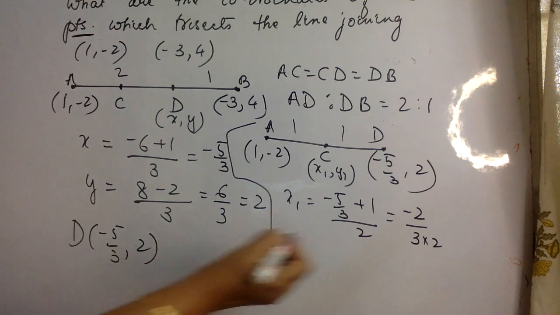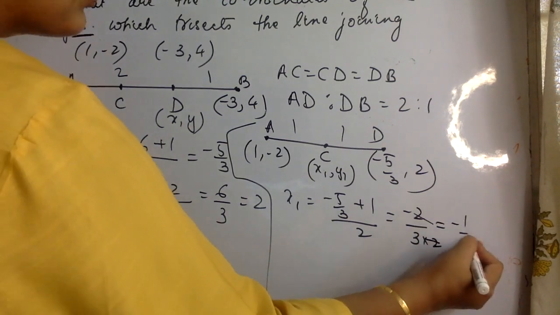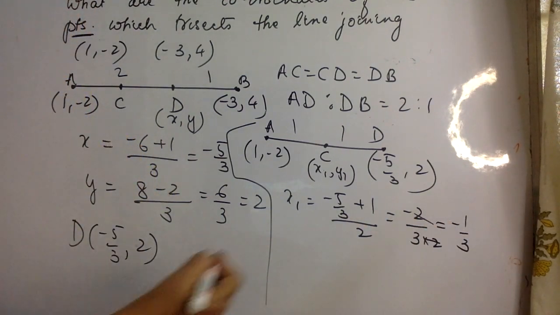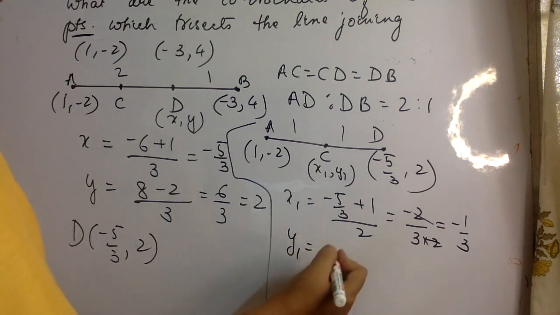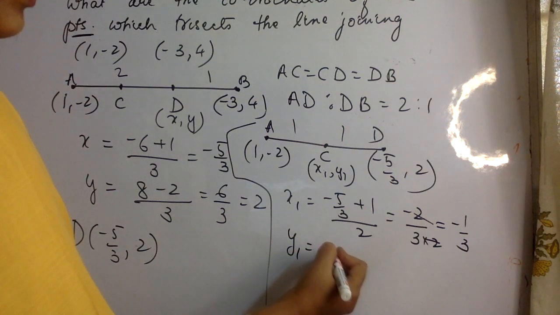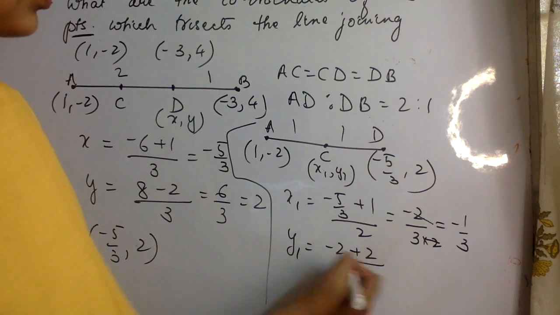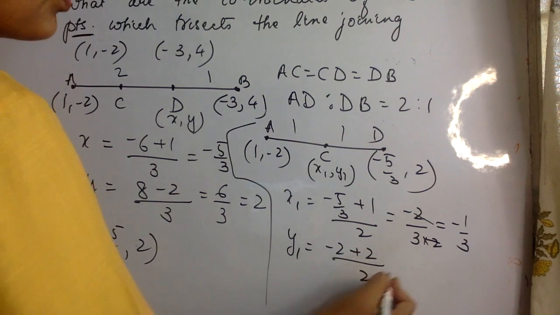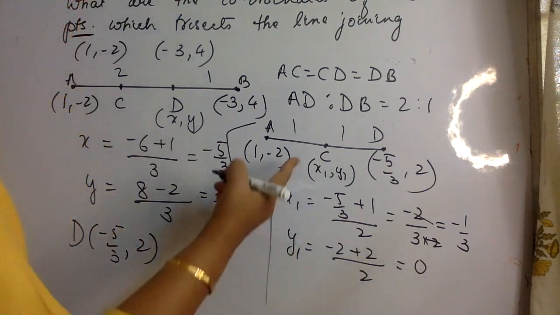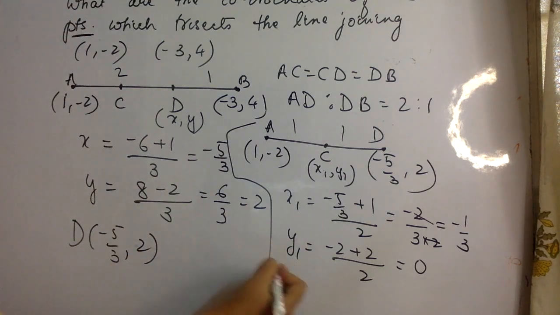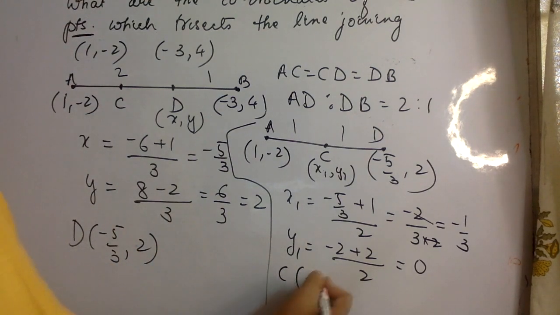Okay, that is minus 1 by 3. Okay, come to y1, which is minus 2 plus 2 by 2, that is a 0. So for C, the coordinates are minus 1 by 3 comma 0.